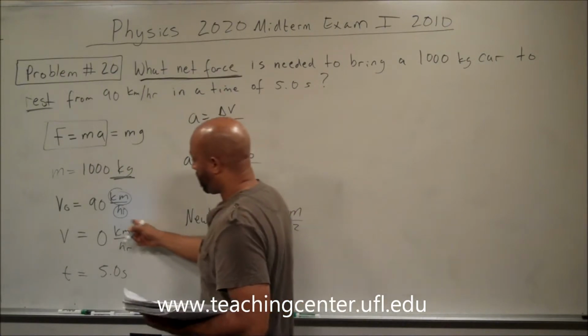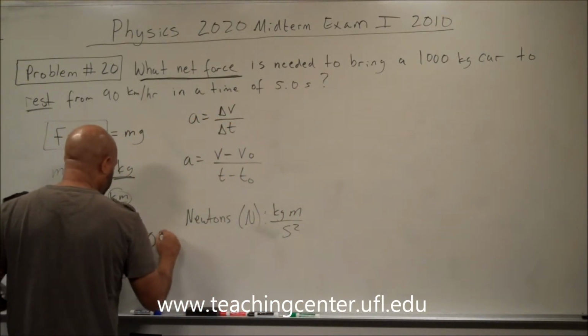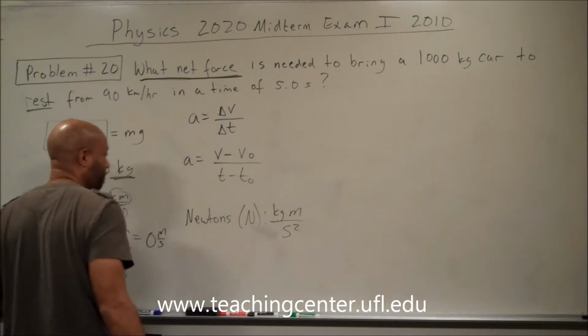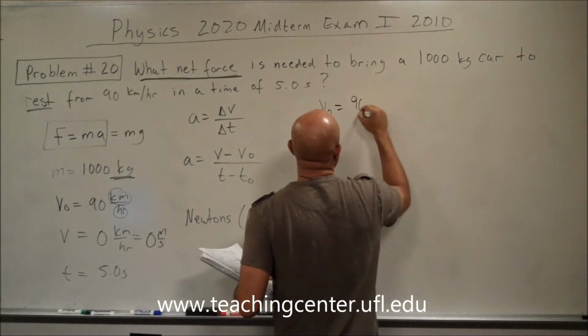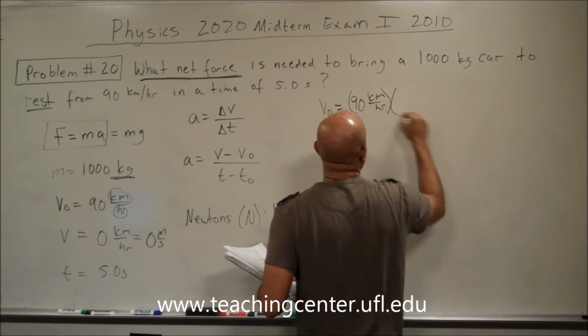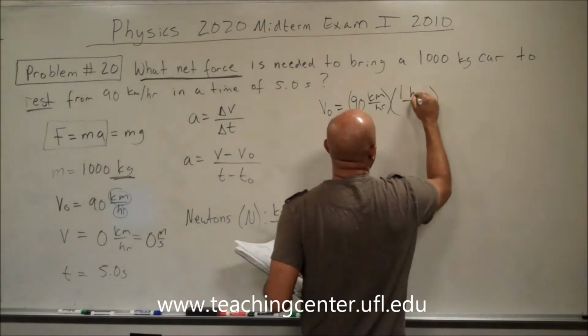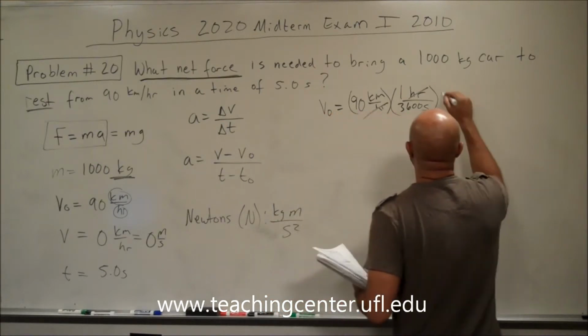For the final velocity, if it's 0, it's going to be 0 meters per second. So all we need to worry about is the initial velocity, which is 90 kilometers per hour. We know that in 1 hour there's 3,600 seconds, so the hours cancel out.